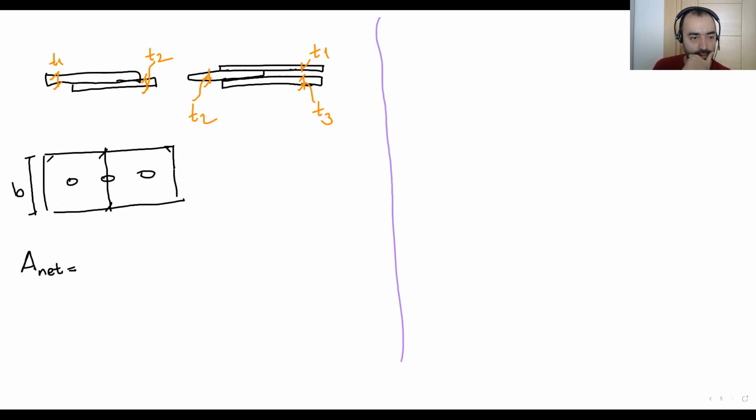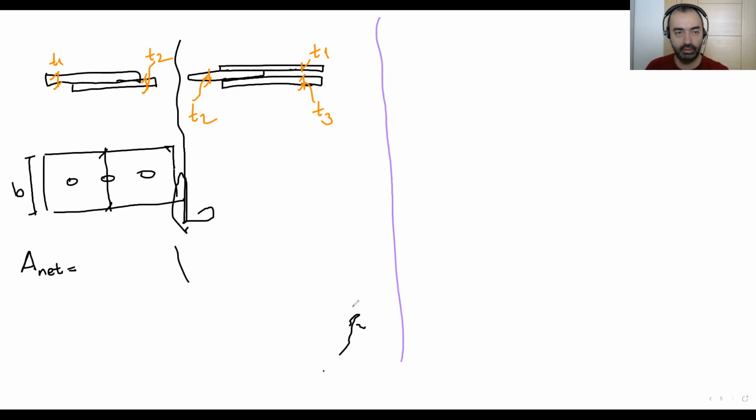A net, the total area of the plate, critical plate for this connection, the first one. A net, total area, B times, again, T min, in between T1 and T2. This is the total sectional area. Or maybe you can do it, that's better. We are looking for the critical area.